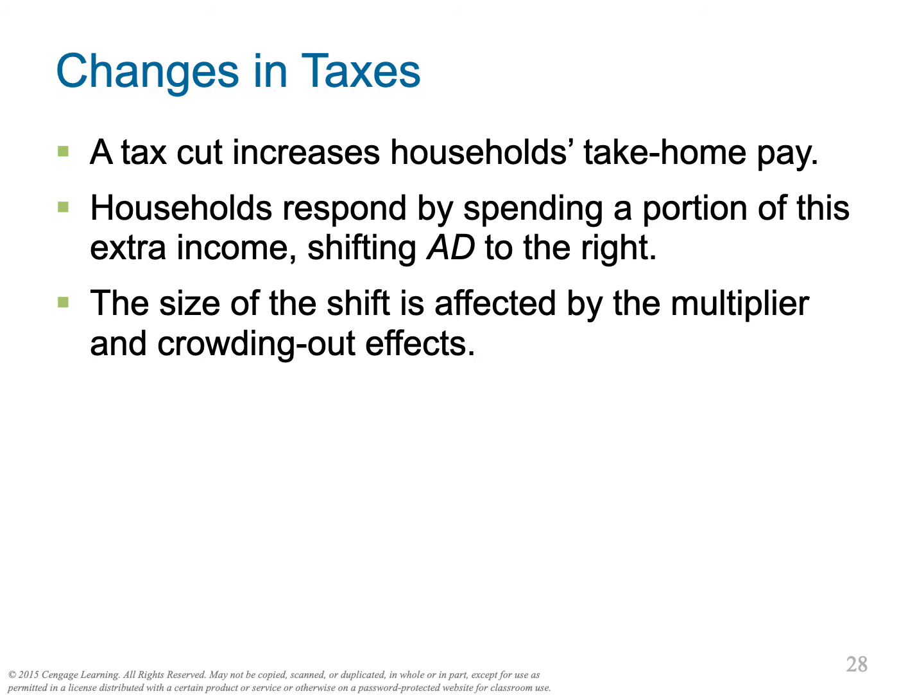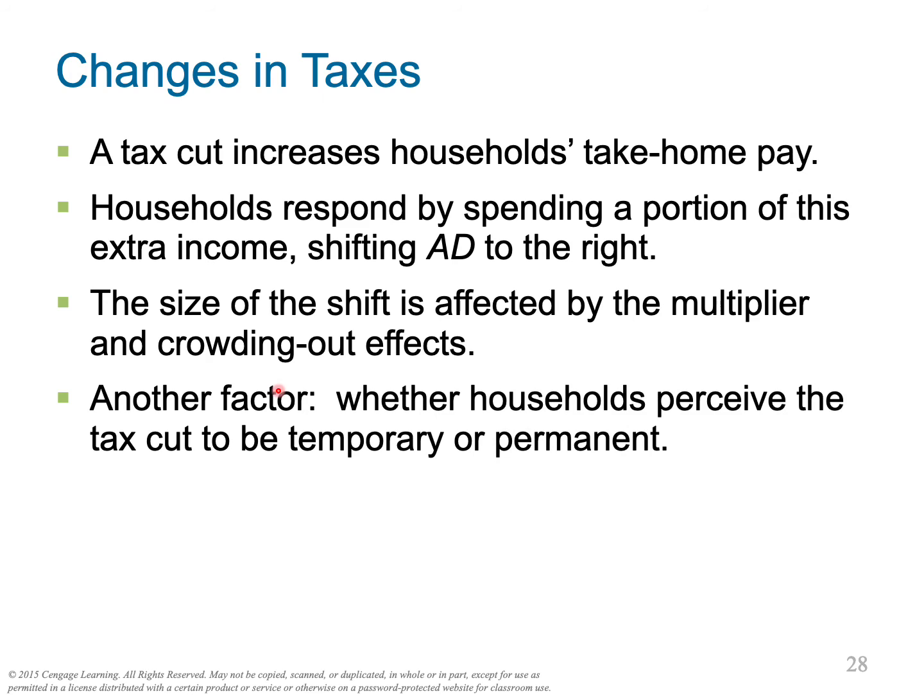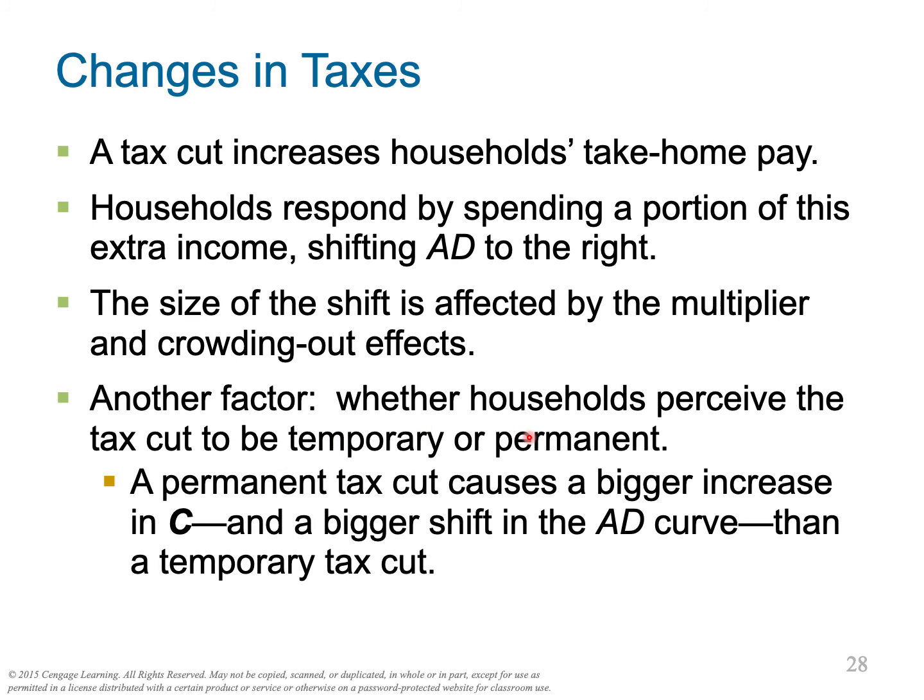Now, the size of this shift is affected by the multiplier as well as crowding out effects. But there is another factor to consider here, and that's whether households believe the tax cut is temporary or if they believe it's permanent. If they believe it's permanent, this will cause a bigger increase in consumption because they don't think that it's temporary, right?